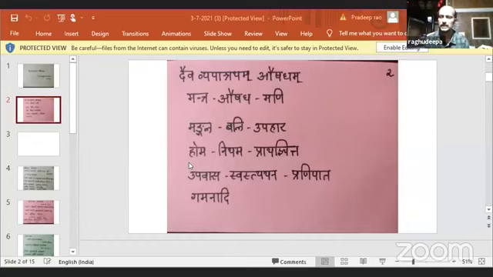Uparatna is in the form of quartz, like rose quartz or aquamarine, and many others, amethyst and tiger eye. These are different uparatnas, and compared to Navaratnas, uparatnas are not so expensive.